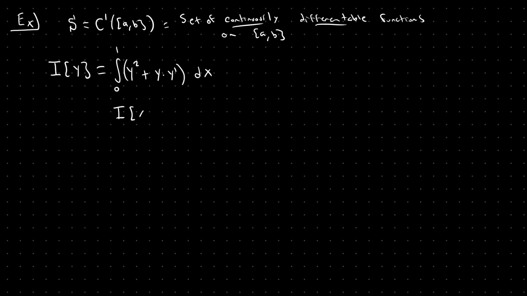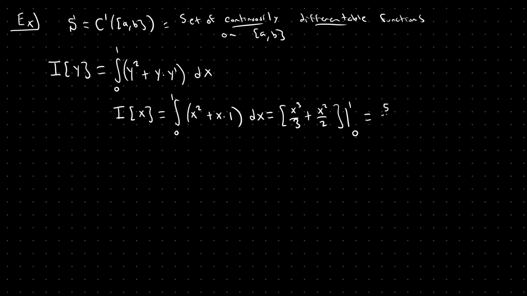I of x here will give you the integral from 0 to 1 of x squared. This is when y equals x. You have x squared plus x times 1, because 1 is the derivative of the function x, dx, which is x cubed over 3 plus x squared over 2, evaluated from 1 to 0, will give you a value of 5/6 for the functional.